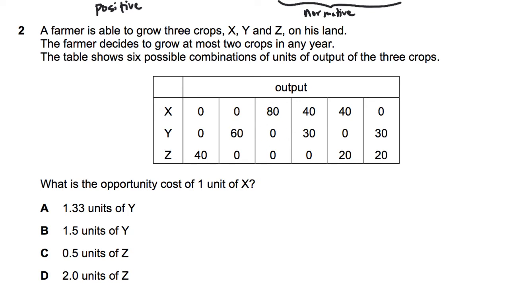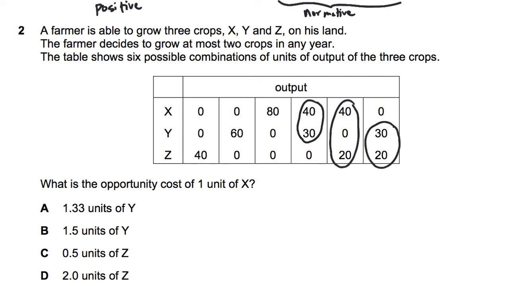But if you make X and Y, then the combination you have is 40 of X and 30 of Y. If you decide to grow X and Z, that's 40 and 20, this combination. On the other hand, if you decide to grow Y and Z, that's this combination.